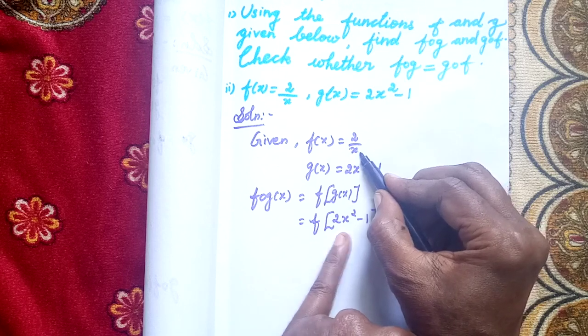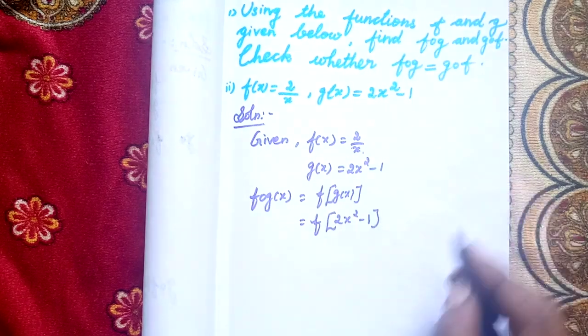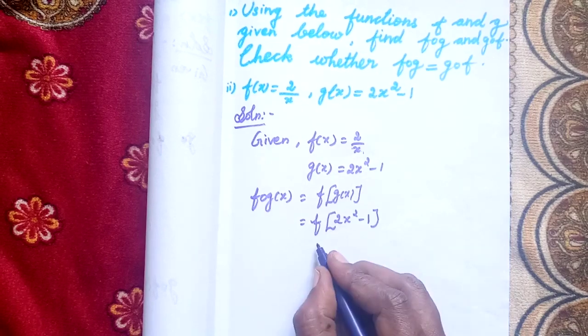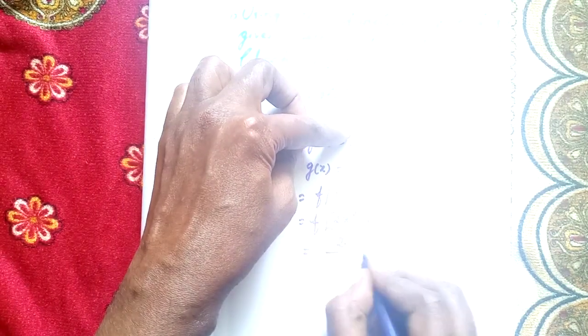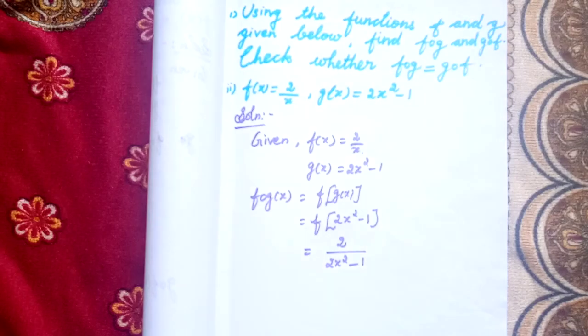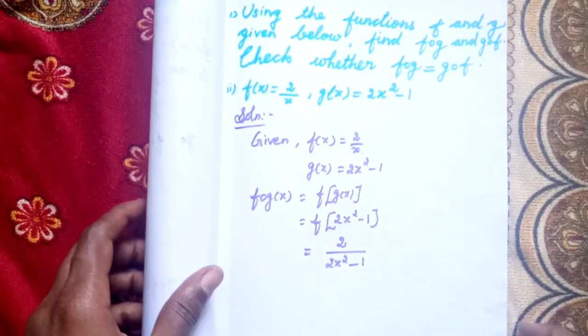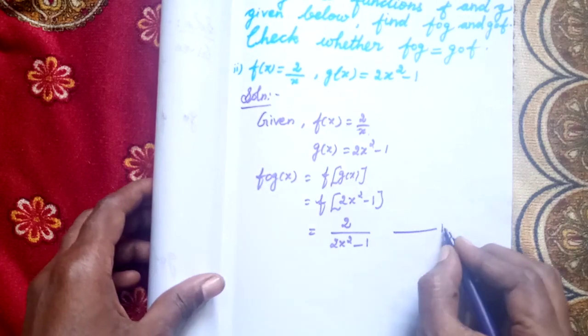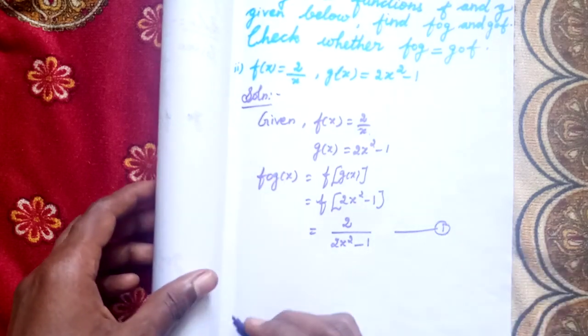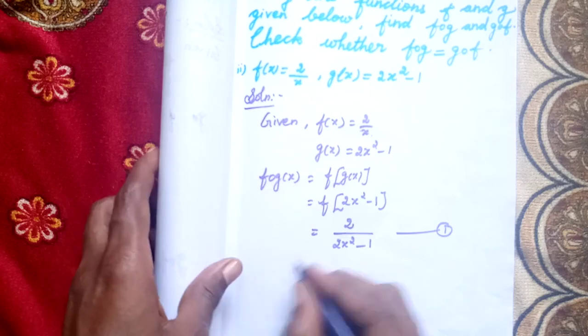So what will we get? 2 by, in place of x, 2x square minus 1. Clear? This is f composite g of x. Take it as equation 1.